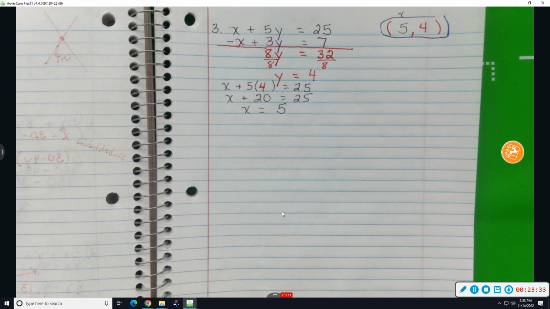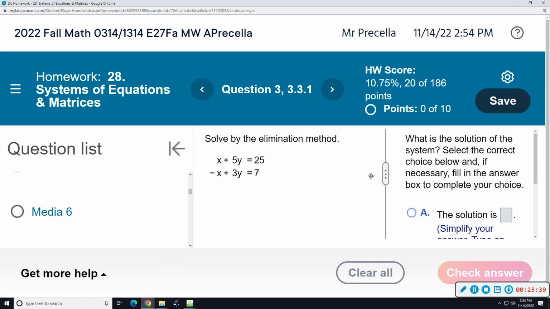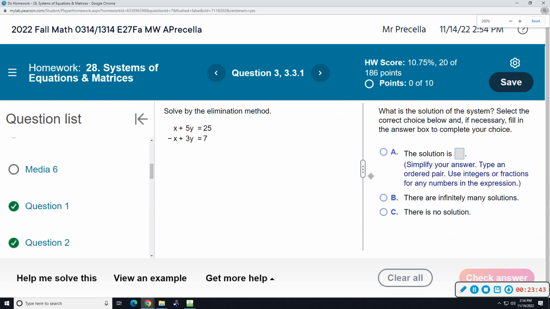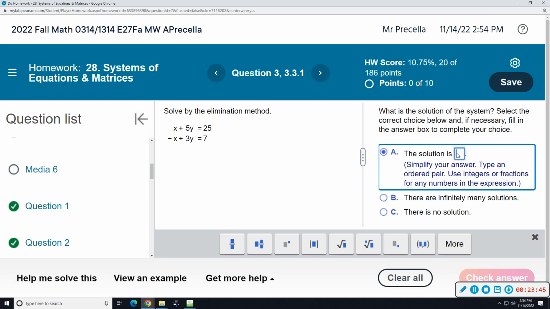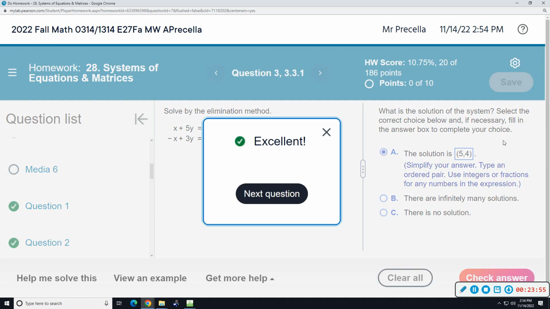Yeah. So 5, 4. Let me make it a little smaller so I can type this answer in. Parentheses, 5, comma 4, close parentheses. Okay.